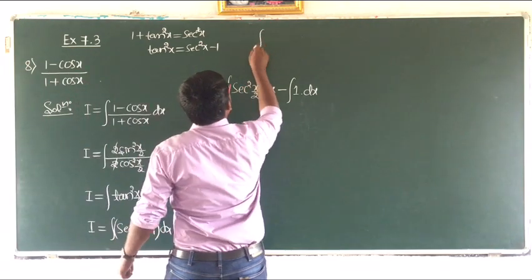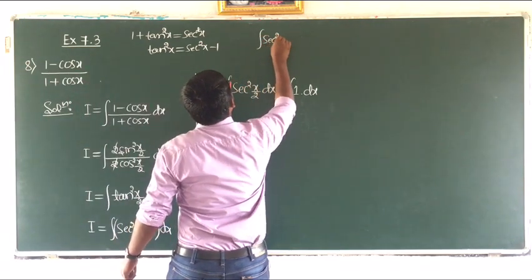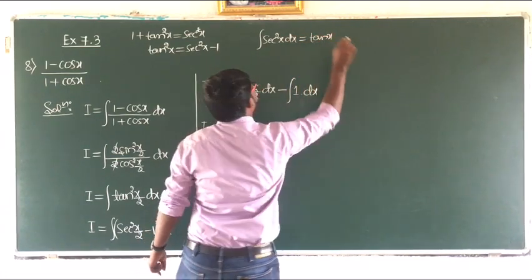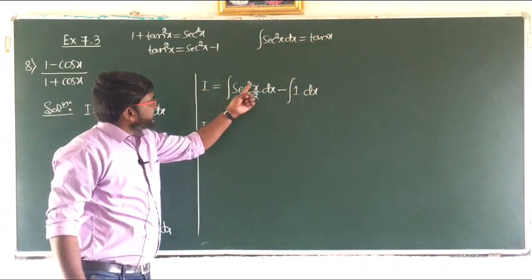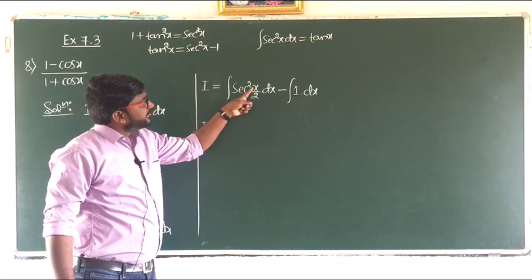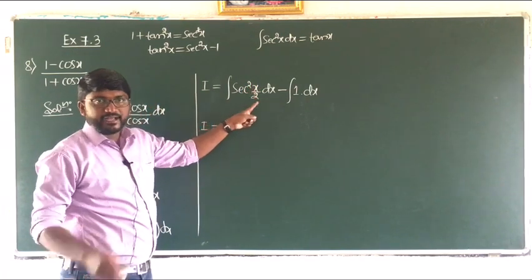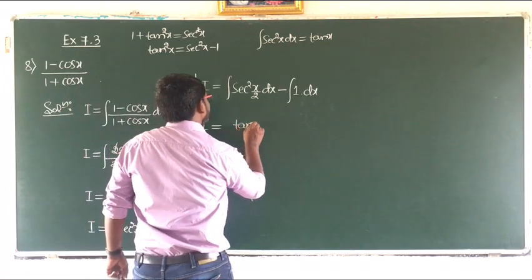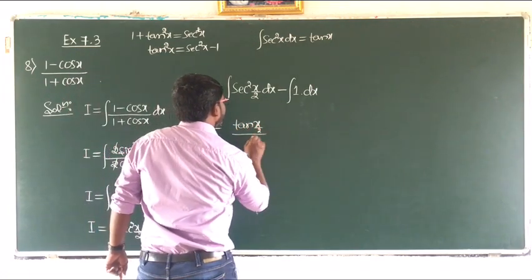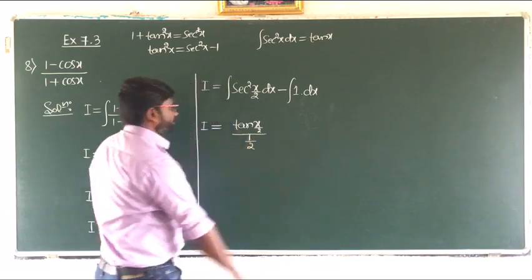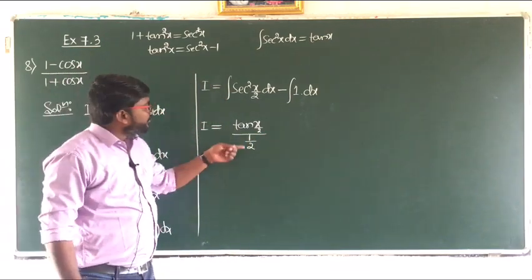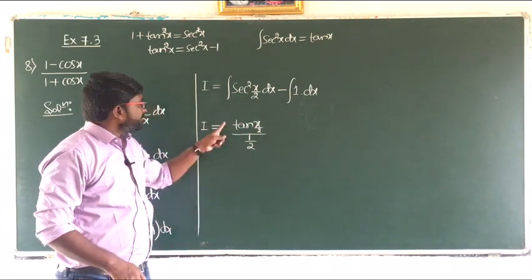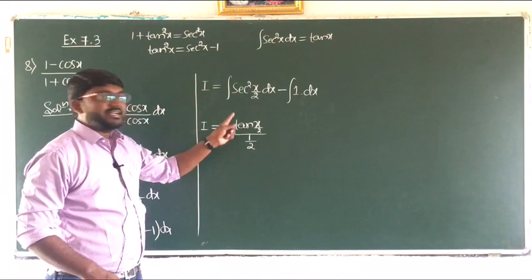So we know the formula, integral of secant square x dx is equals to tan x. So here it is x by 2, that means the coefficient is 1 by 2. We have to divide by 1 by 2. So it is tan x by 2, then whole divided by 1 by 2. So in integral we have to divide by the coefficient. In differentiation we used to multiply by the coefficient. So that is the difference.